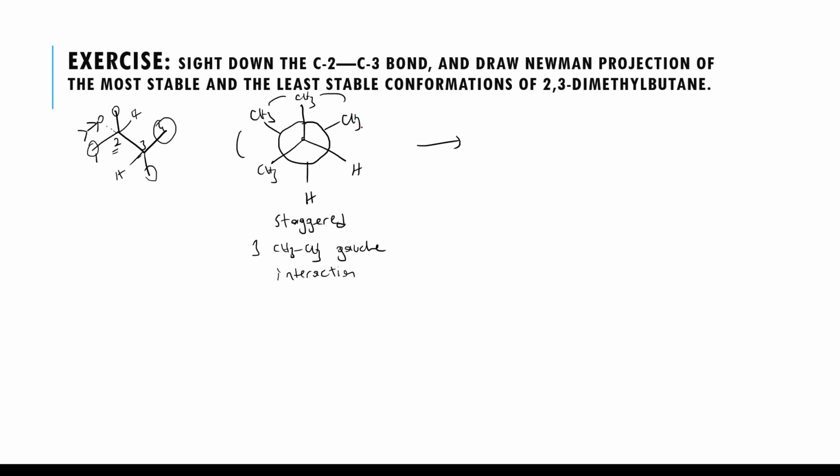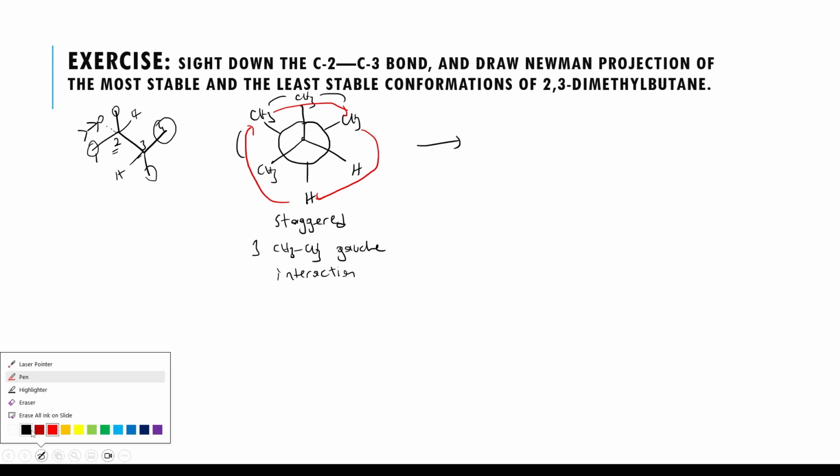I prefer rotating the back carbon clockwise 120 degrees. So the back groups attached to carbon 3 will rotate 120 degrees, these groups will change their places, and we will end up with another staggered conformer.